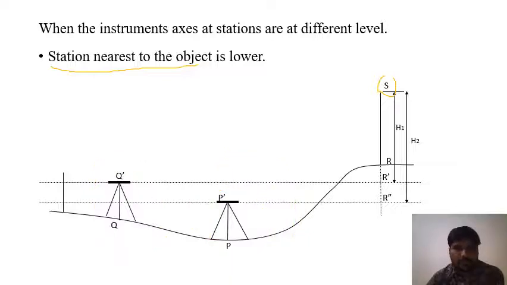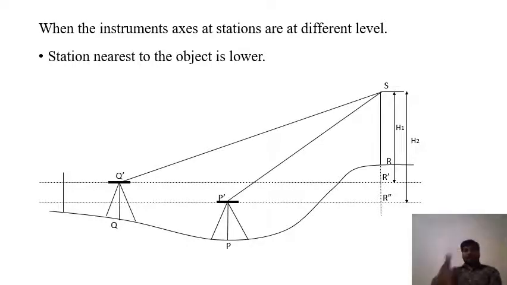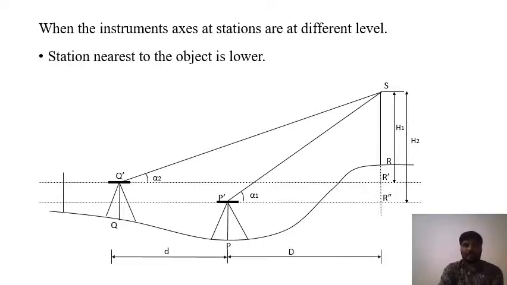Again, I have measured everything, focusing on the point S, and this is the angle I am getting. Here I am showing the difference between all these things. This is H1, the height of instrument 1, and this is H2, the height of instrument 2.